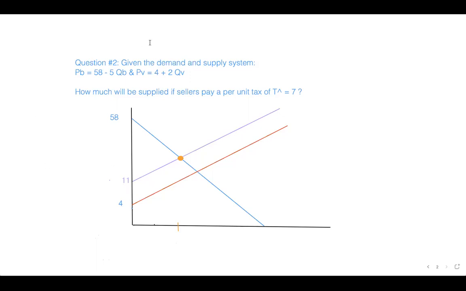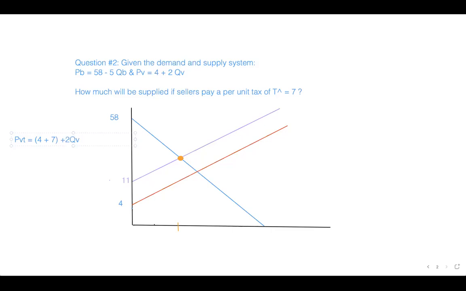Just to be clear, and hopefully this makes sense, our PS after tax is going to be 4 plus 7, the amount of the tax, plus 2QS.